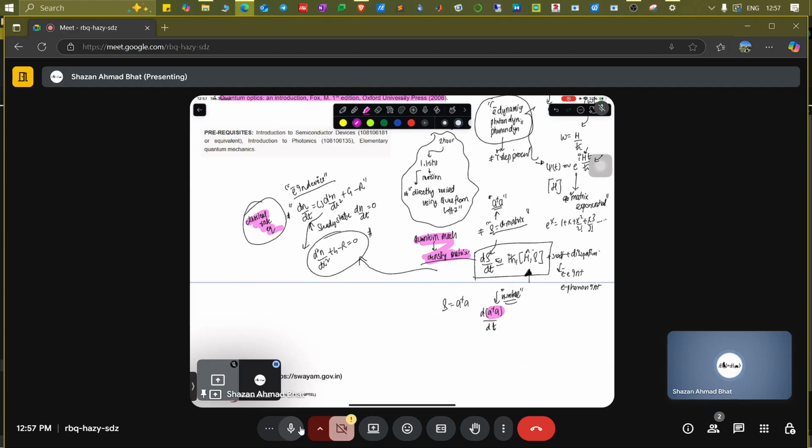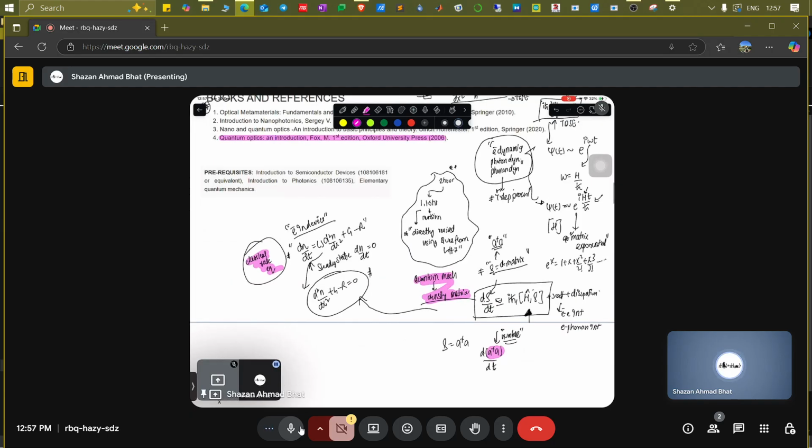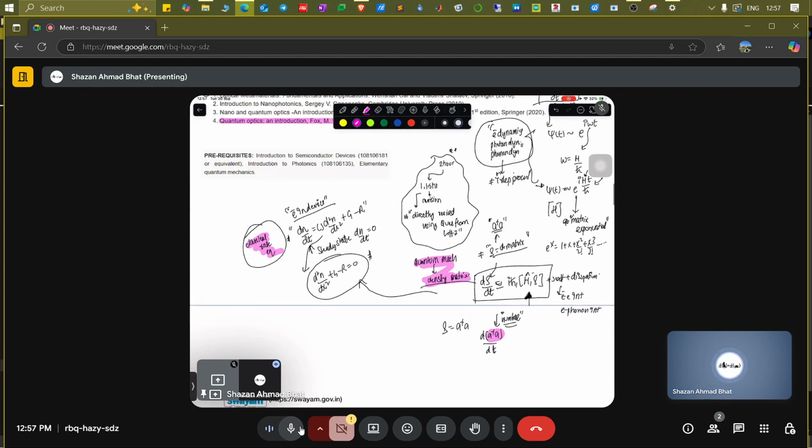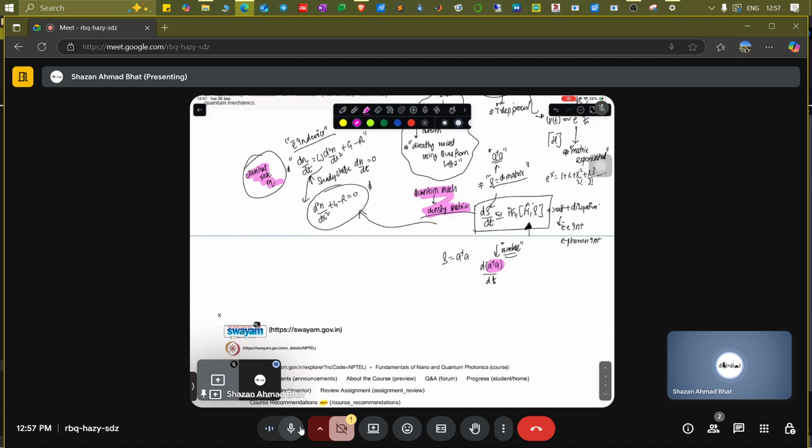It's basically something called the von Neumann equation, and then you can actually see what is going to happen with the electrons in time. That is basically the essence of this particular equation.